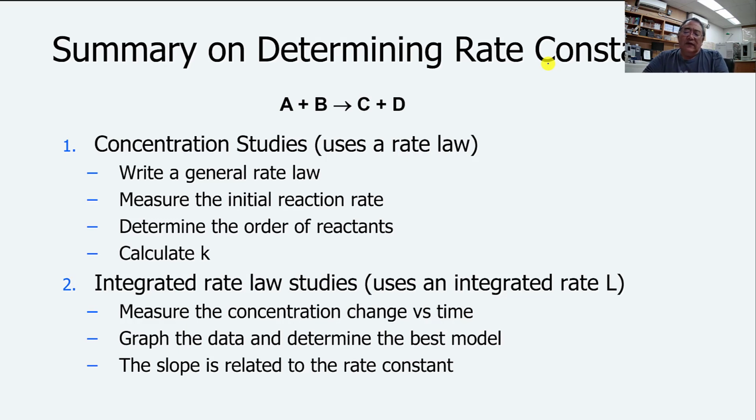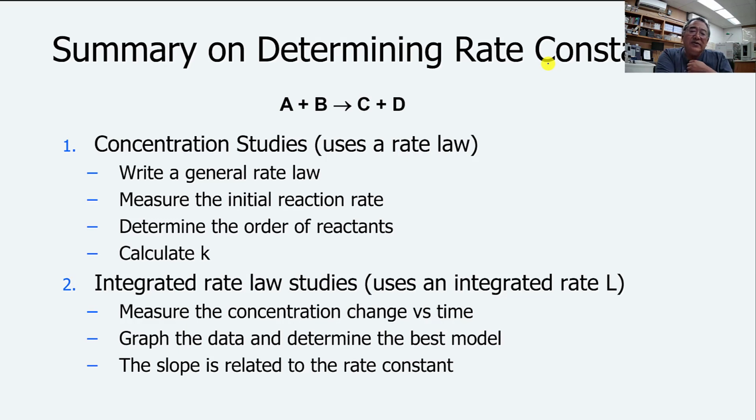The first way that we learned, early on in the first video series of this chapter, is concentration-based studies. You take the concentration and change it, and you see how the rate of the reaction changes as you change the concentration.